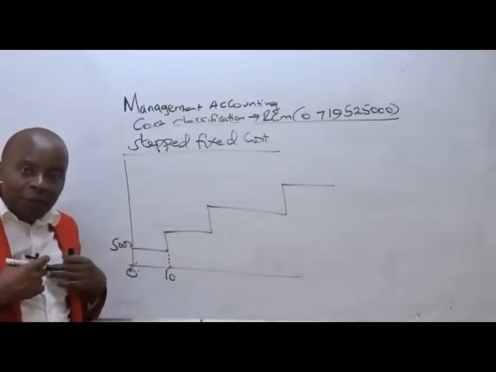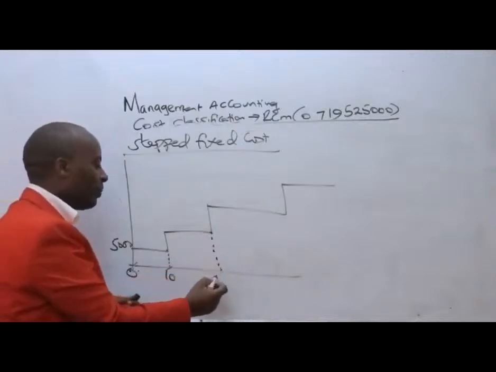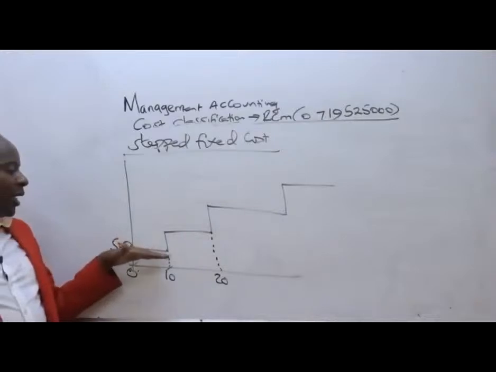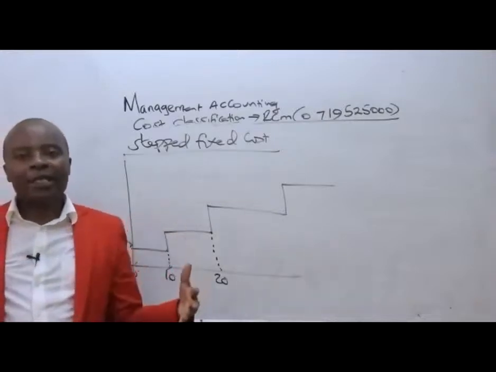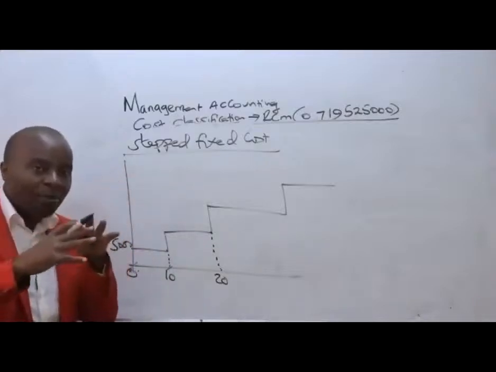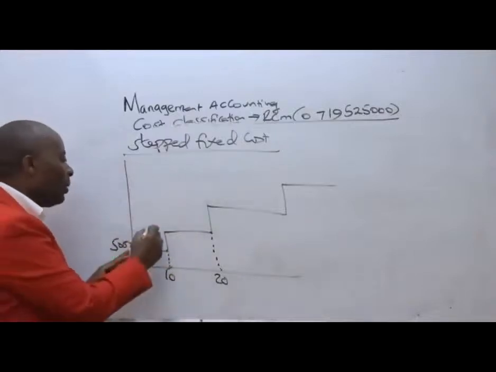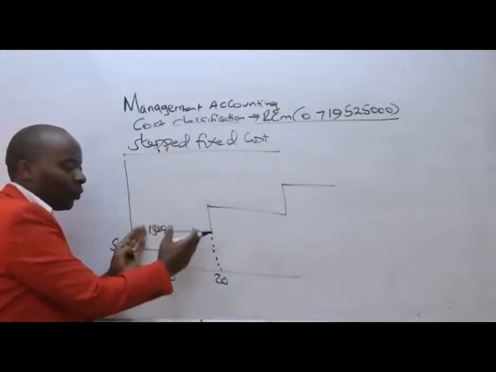But now what if we get more than 10 students? Should we get more than 10 students, and perhaps go to 20, of course, our rent will have to hike because we will want more space. So perhaps we could move from 5,000, depending on how big this other space is, to maybe 15,000. But again, we are going to remain with this 15,000 for that range.